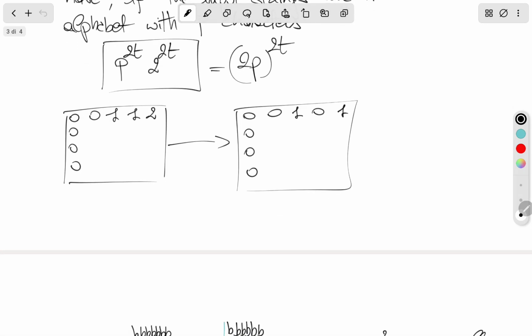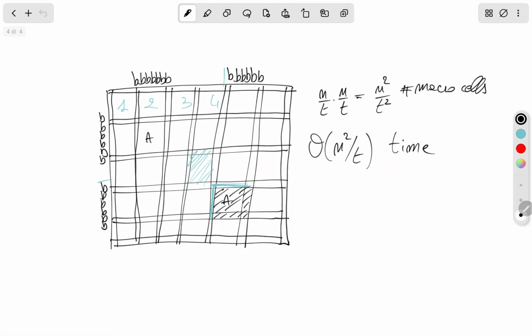So I'm picking t equal to log base 2p of n over 2.